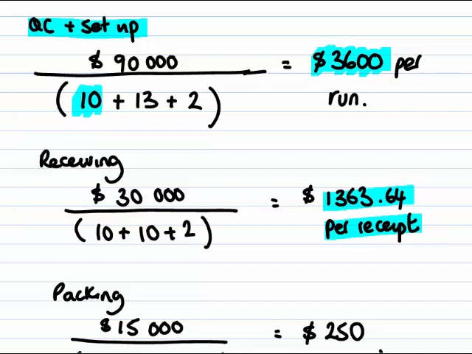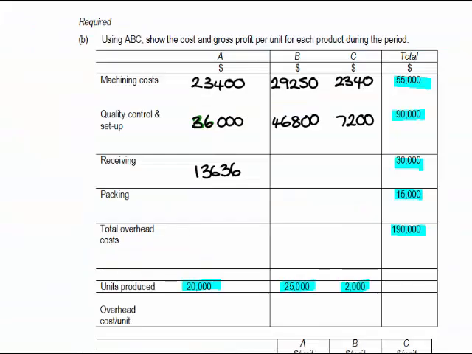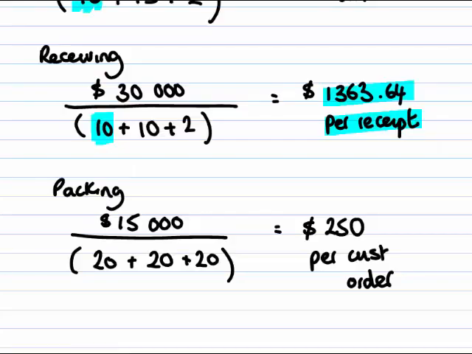We've got 1,363.64, and we need to multiply that by 10 for product A, 10 for product B, and then only 2 for product C. So 13,636 for the first two, and only 2,728 for product C. Now packing we said was equal, so we can either multiply $250 by 20 for A, B and C, or we might just spot that it's all equal and divide $15,000 by 3.